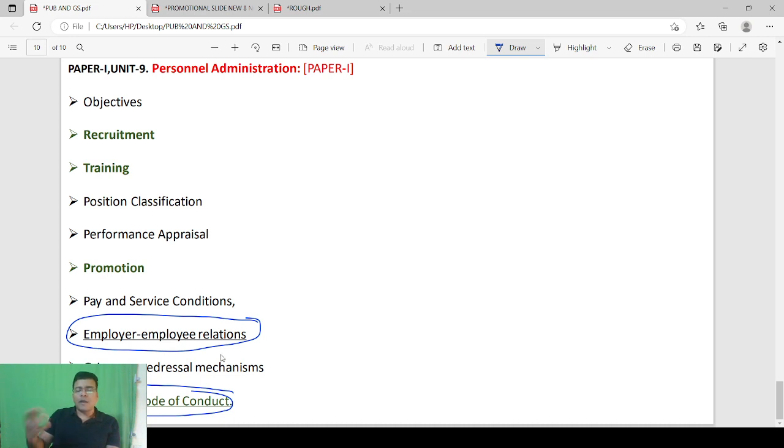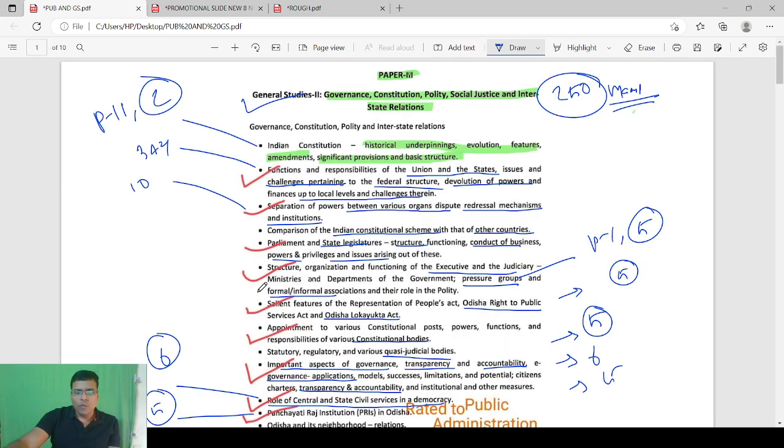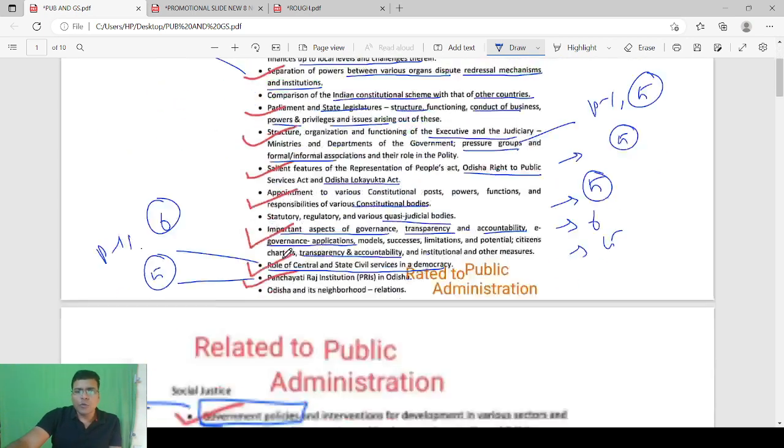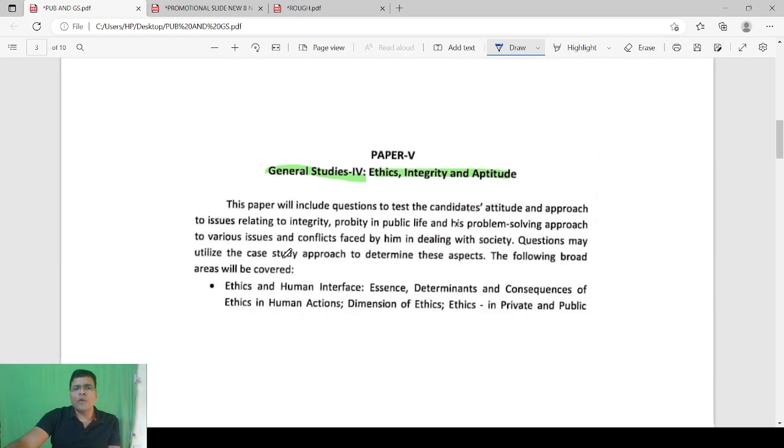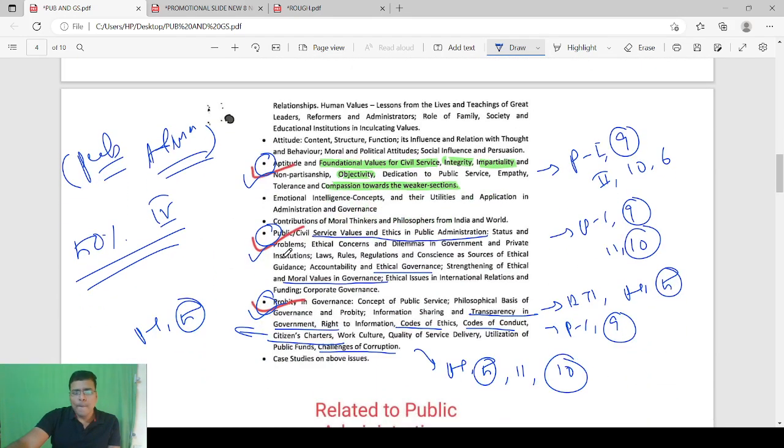So this is directly an area I show you that links with GS2 and GS4. This way you will cover most of GS2 and 50% of GS4. So this is how public administration gives you some benefit.